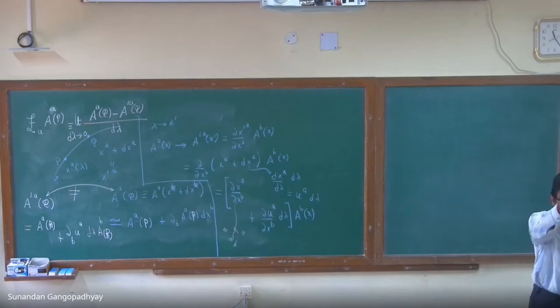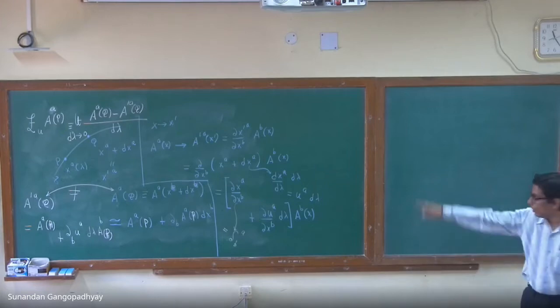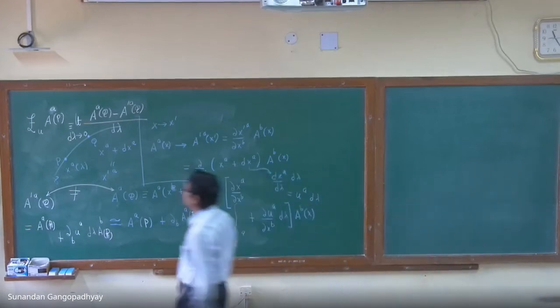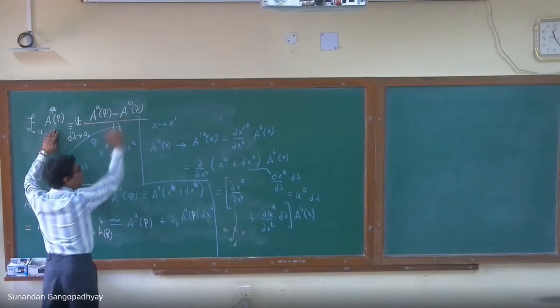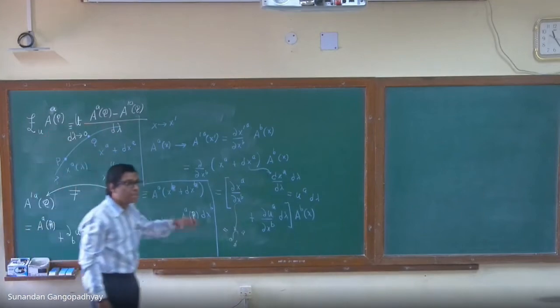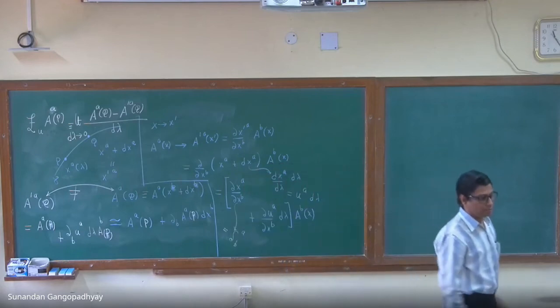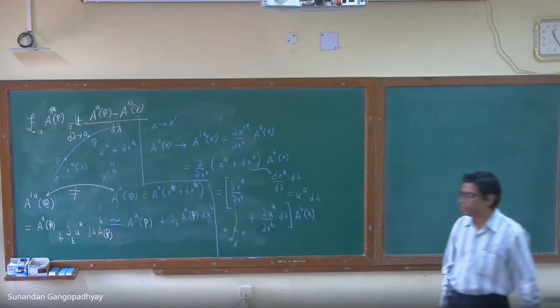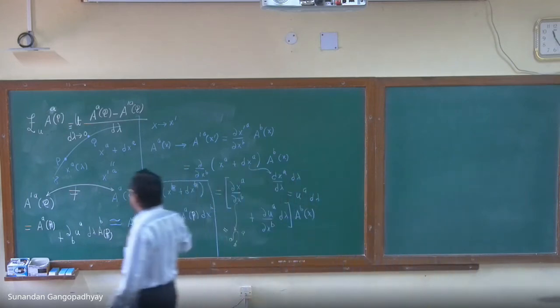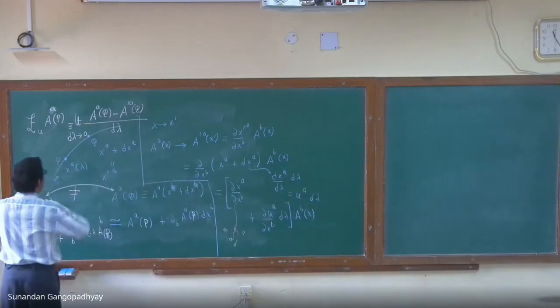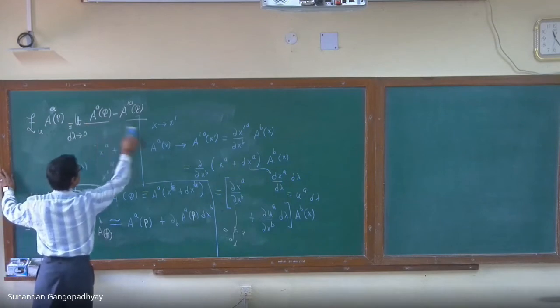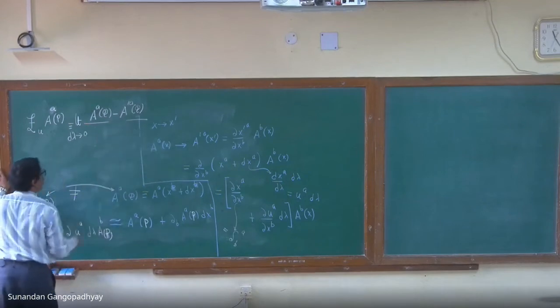The question that Anirban was asking, that he was also having this confusion, is why I am writing P here and Q there. But this is my definition. This is the way I construct the derivative. Okay. So if you take this definition, you don't need to do anything else.